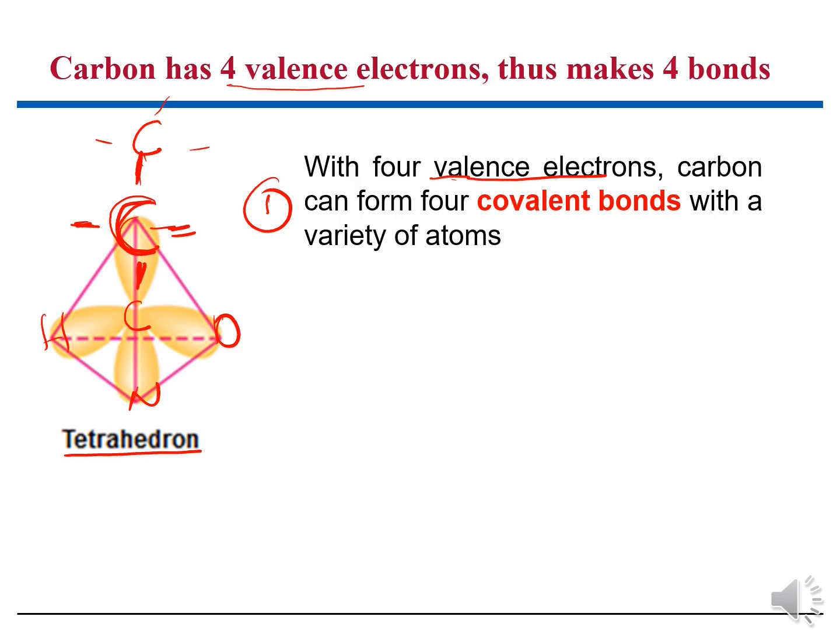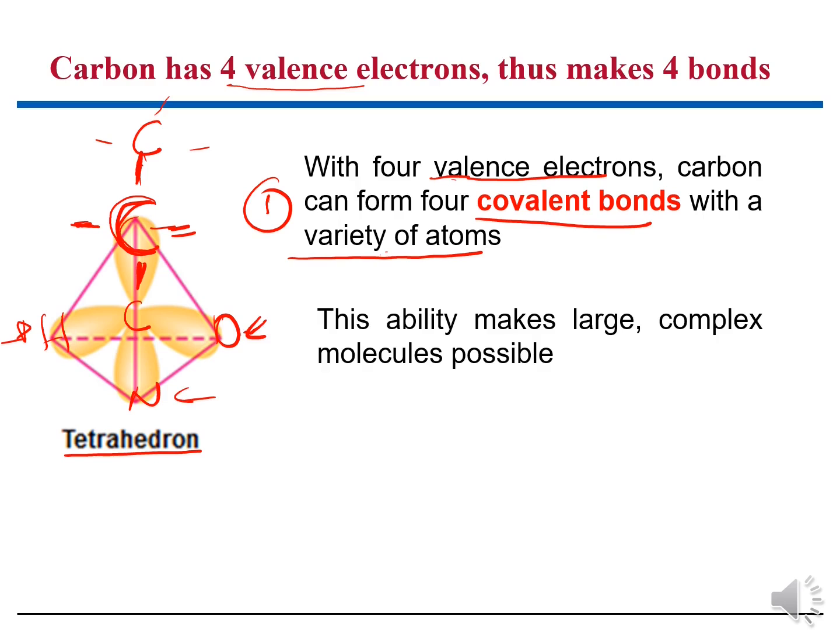They can form four covalent bonds, and not only with carbon, but with a variety of elements. In this case, I show you hydrogen, nitrogen, and oxygen. And these allow them to make large and complex molecules.